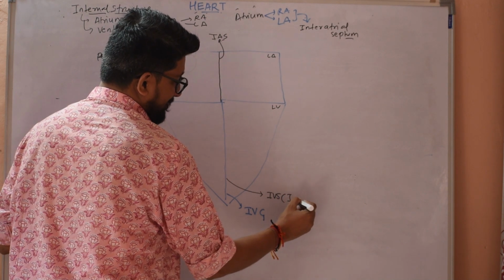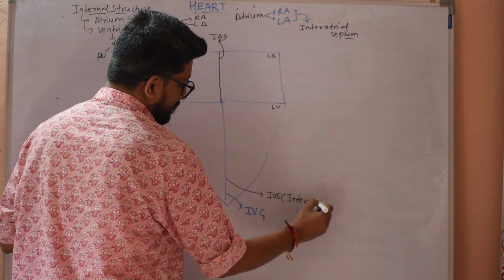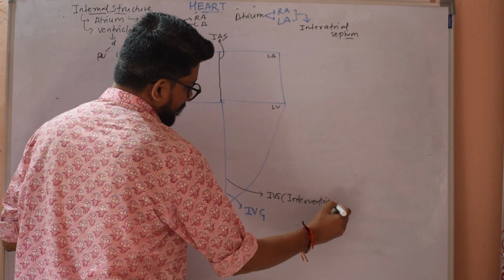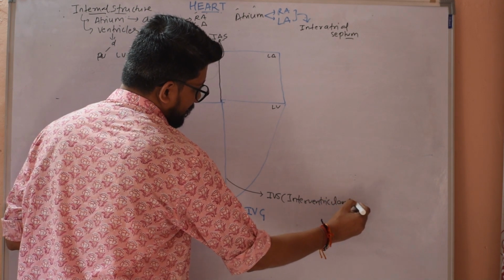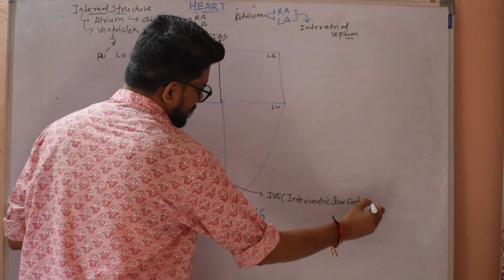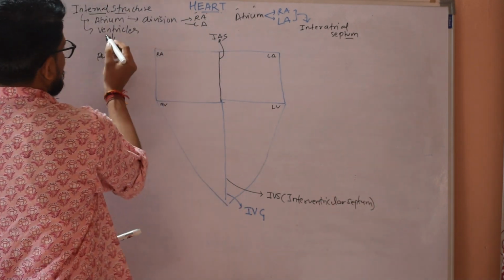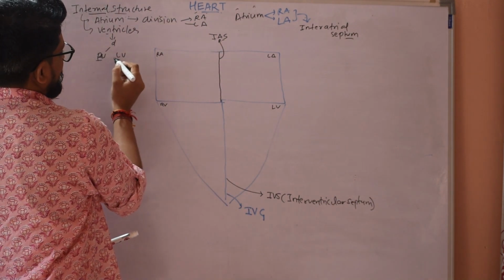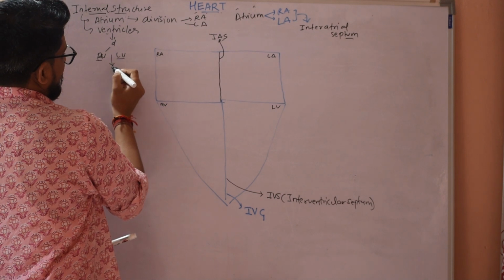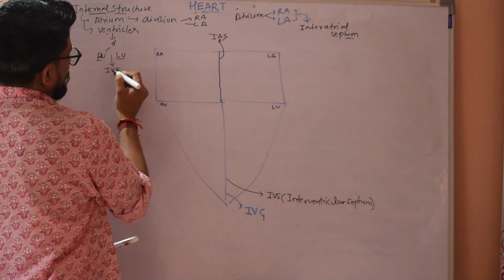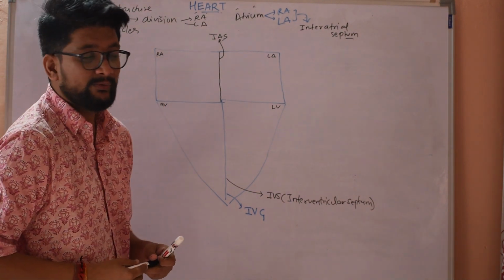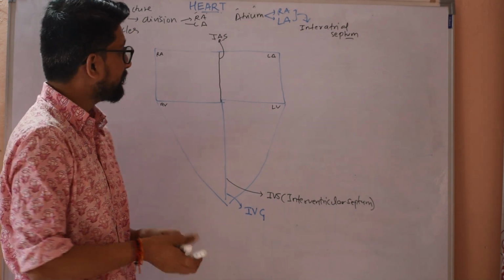And what does IVS denote? Interventricular septum. It means the ventricles which is divided into right and left part, it is by the structure or a septum which is known as IVS, that is interventricular septum.